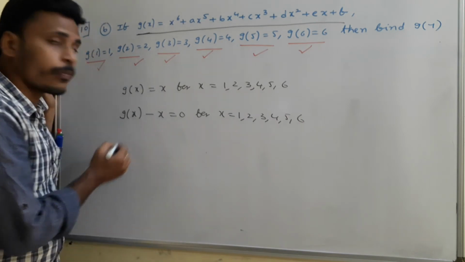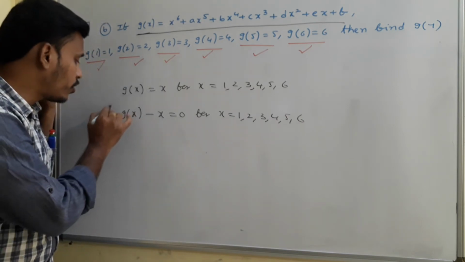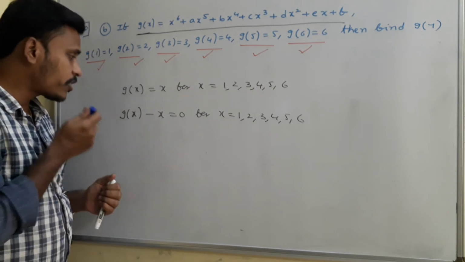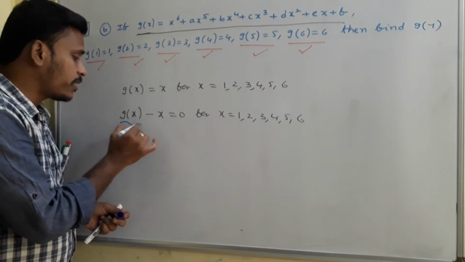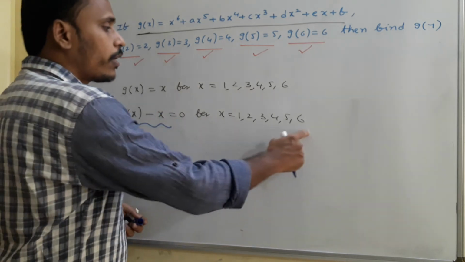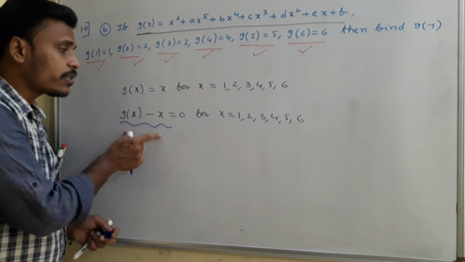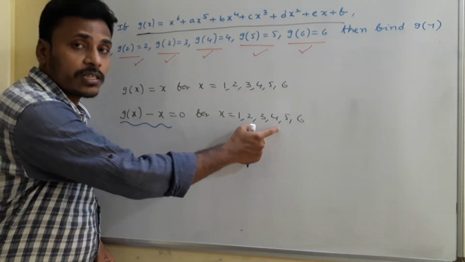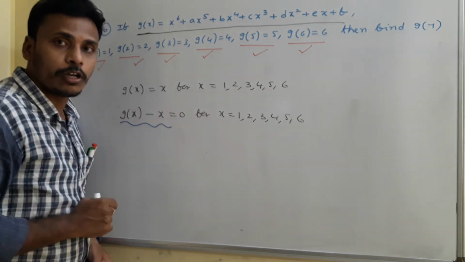See, g of x is a polynomial minus x. So this g of x minus x is again a polynomial, right? That polynomial is equal to 0 for these 6 numbers. Since this is a polynomial and it is 0 for these 6 numbers, these 6 numbers are called zeros of the polynomial.